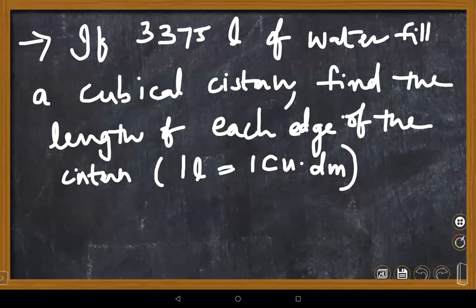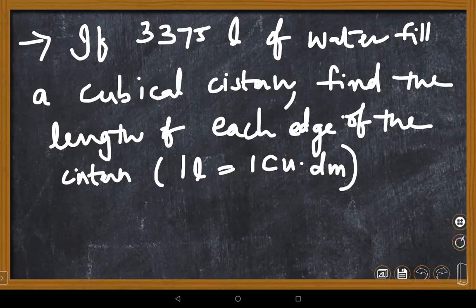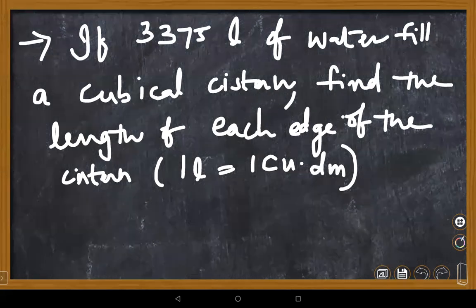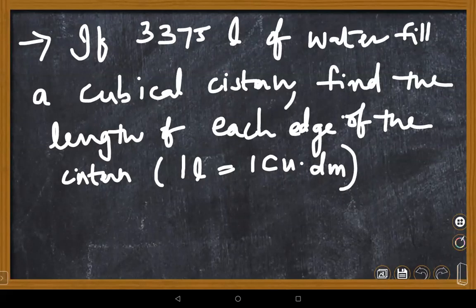What is a cistern, ma'am? It's like, children, a cubical shape. Cubical cisterns, children. Did you hear the word? The capacity of the cistern is given like that.